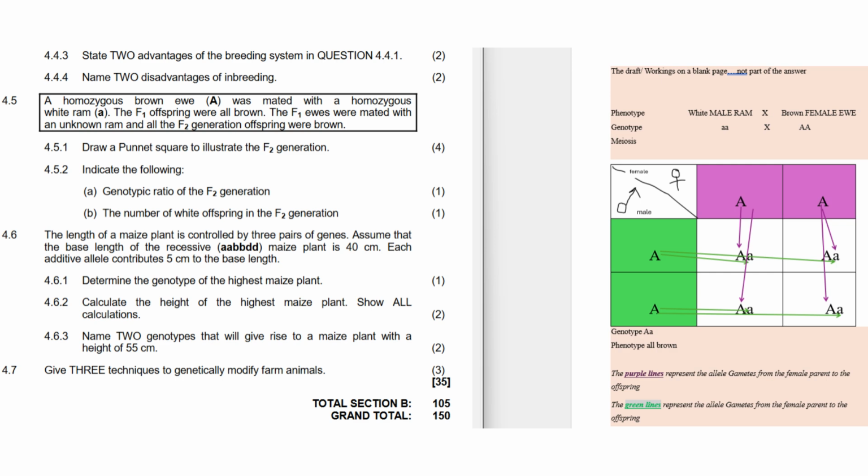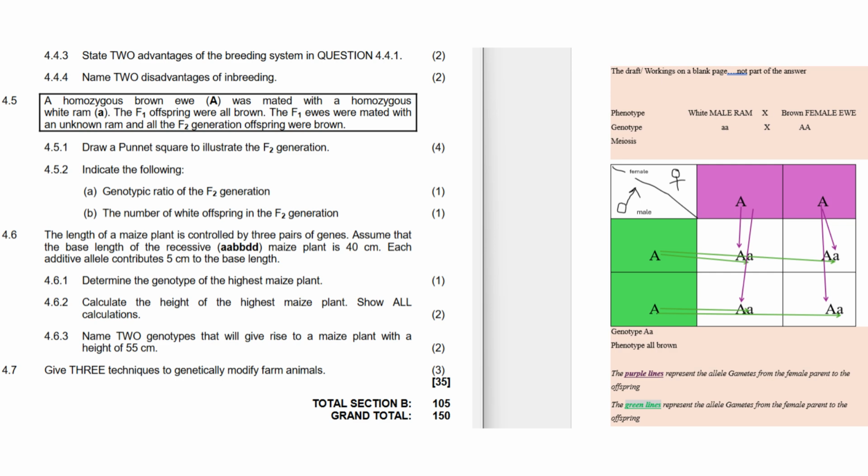Then it should look something like this. We have the dominant A on the top, and the recessive a on the left vertical side.